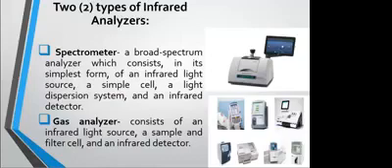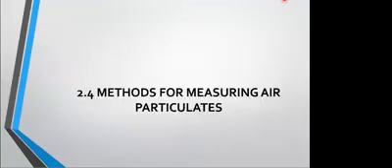So that is why it has given a principle by which we had to develop another type or method of analyzing these specific compounds, specific pollutants in the air. So that's it. Now let's move on to the methods of measuring air particulates.